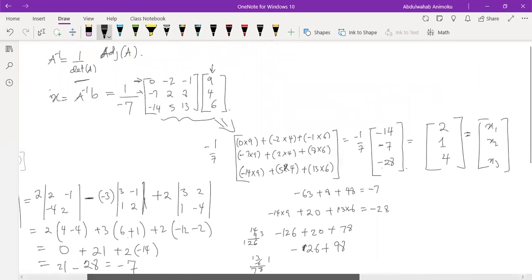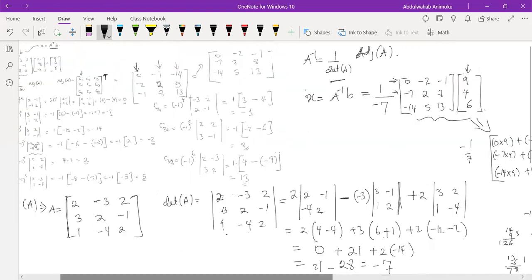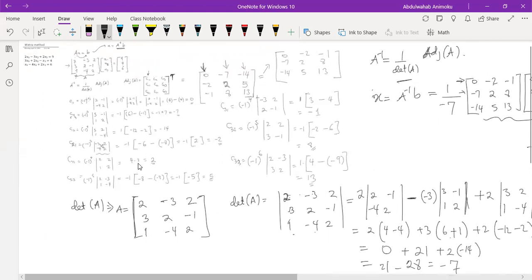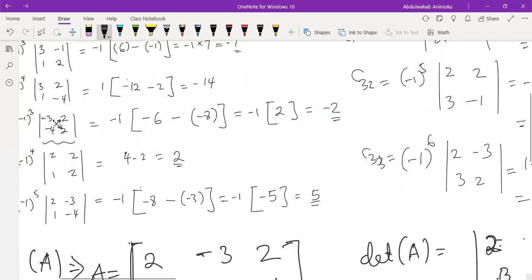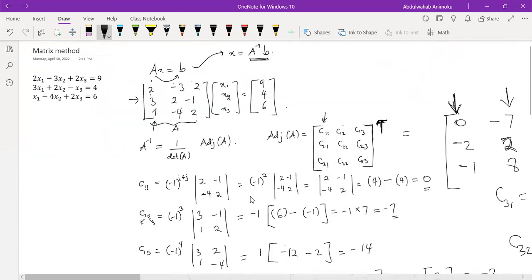Now, the only difficulty in this problem is how we obtain the inverse of A. And what we have done is use this formula: the inverse of A is 1 over the determinant of A multiplied by the adjunct of A. To find the adjunct of A, you just need to find the cofactor matrix, and then find the transpose of that, which is what we did.